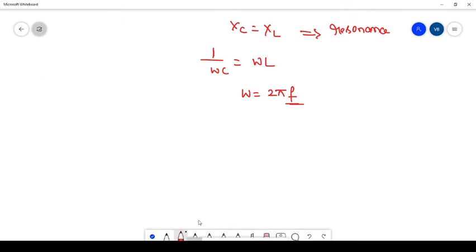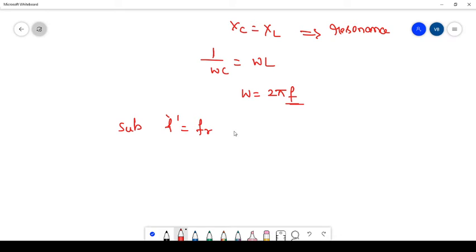Just substitute f as fr. Substitute the omega value as 2 pi fr. So we simplify: 1 by omega C, that is 1 by 2 pi fr into C, equals, again omega, that is 2 pi fr into L.